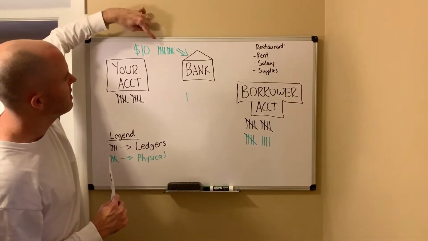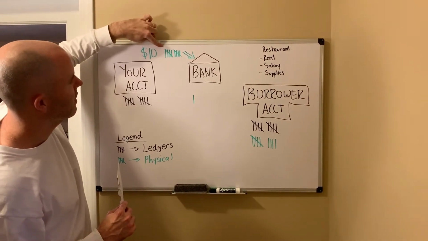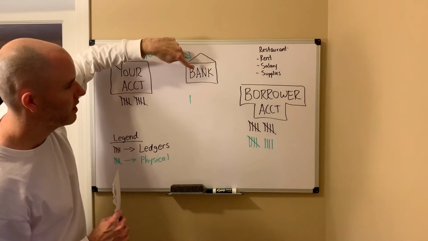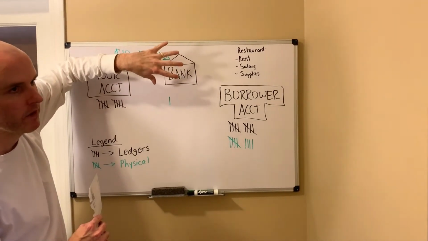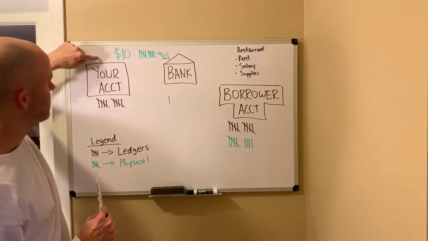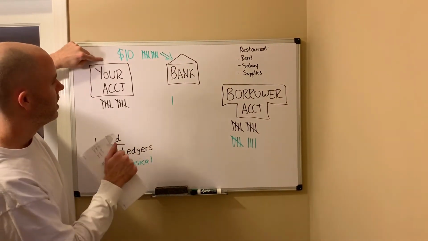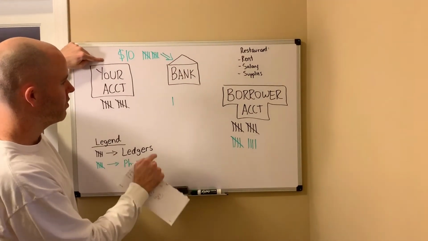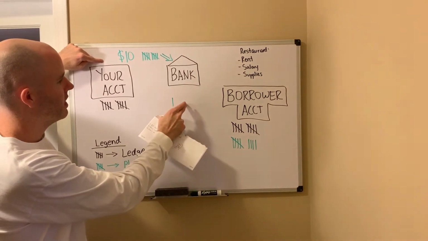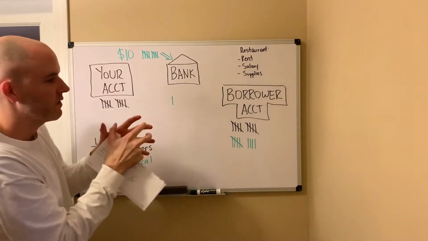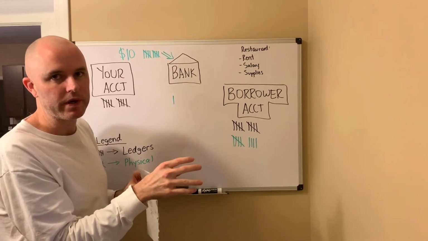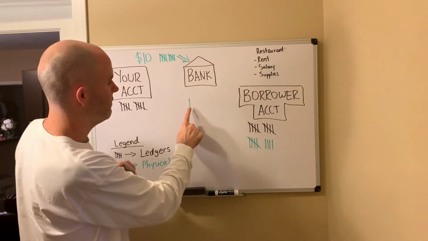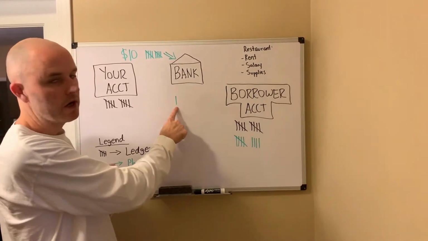This physical $10 goes into the bank, and they open an account for you. Here's your account. While the bank has control of the money, due to that rule I described earlier, they're only required to hold one physical dollar.